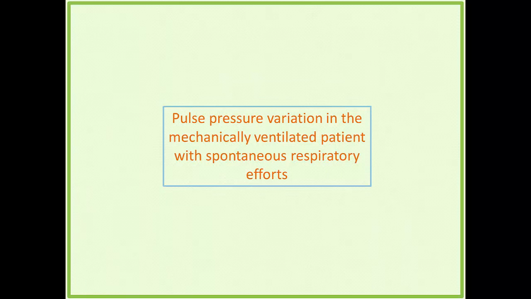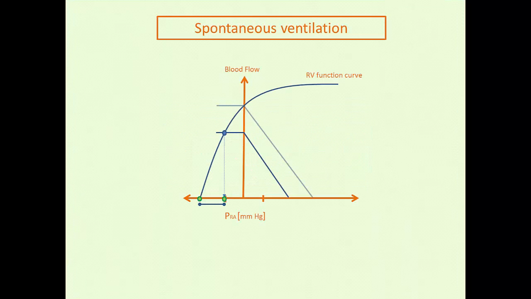And that was it for Part D. That was spontaneous ventilation, the pulse pressure variation that you get with a patient who's breathing completely on their own, and the physiology of it and some of the caveats that could degrade the specificity and sensitivity. Specificity is degraded by left and right heart failure.